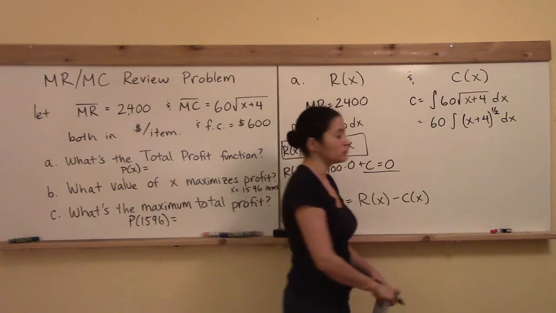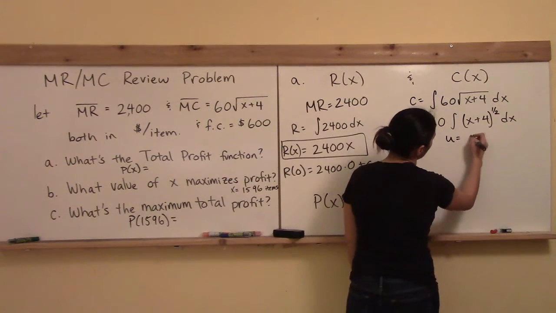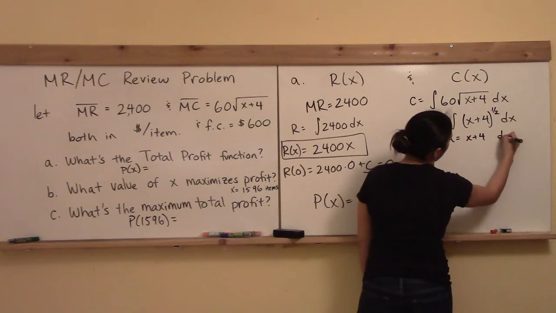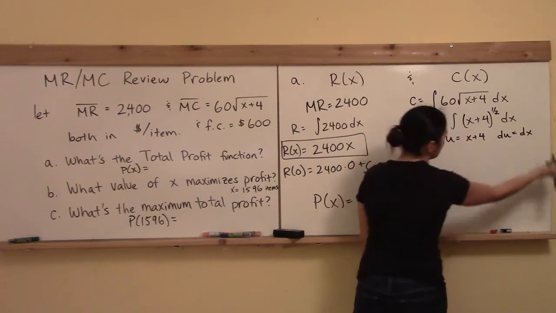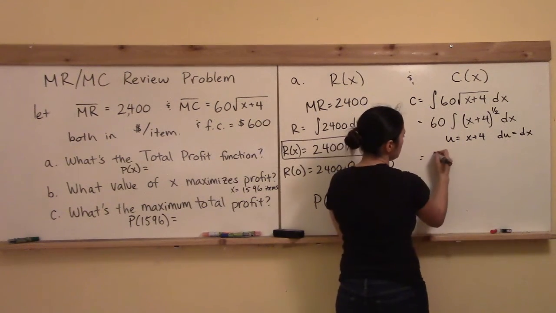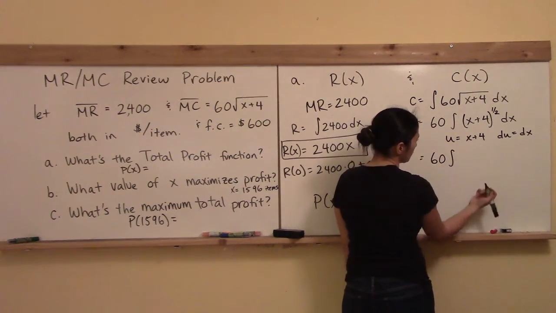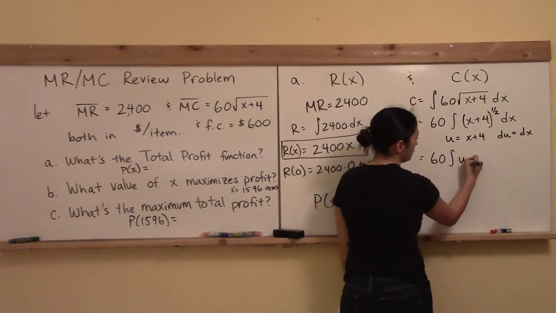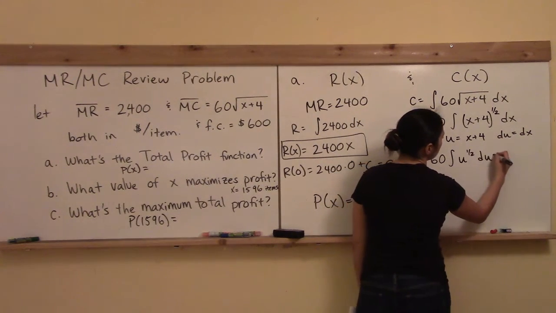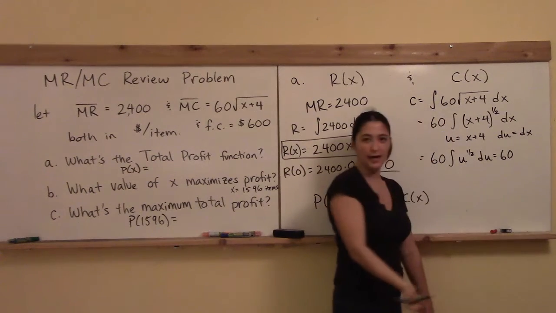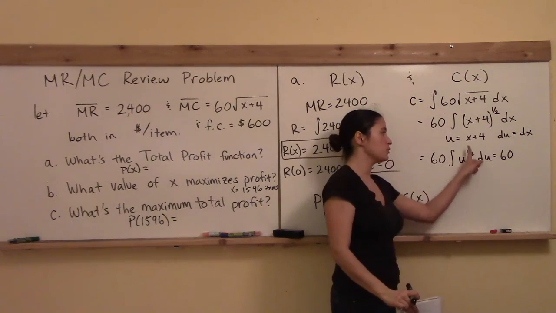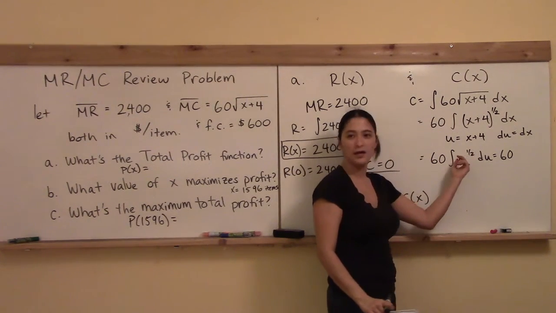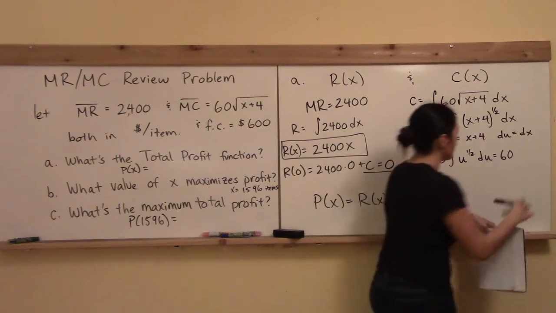A little u substitution, right? So we're going to let u equal x plus 4, and that way the du is equal to the dx. And this becomes the integral, don't forget to bring the 60 down, of u to the 1/2 du. And I know what to do with that, right? Because if I had x to the 1/2, same thing if I have u to the 1/2, I'm just going to add 1 to that power.